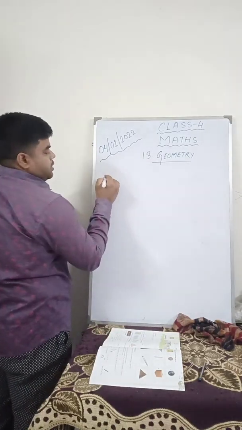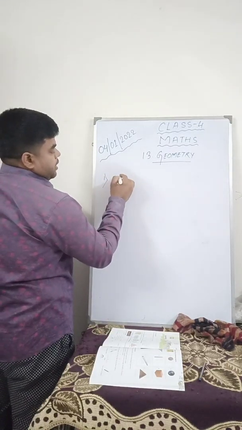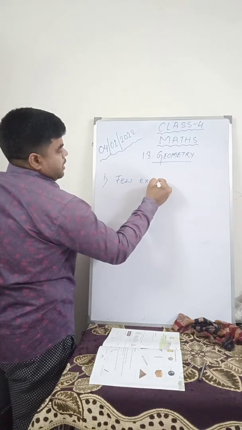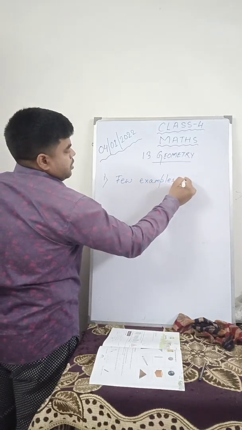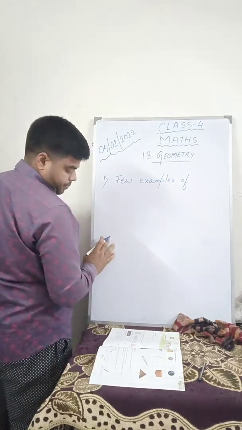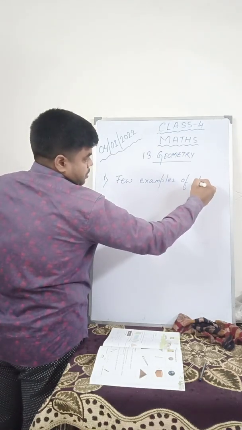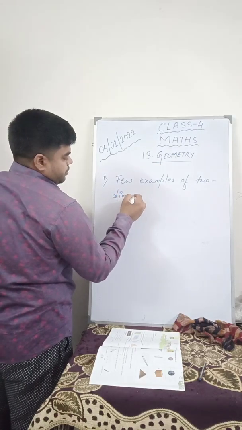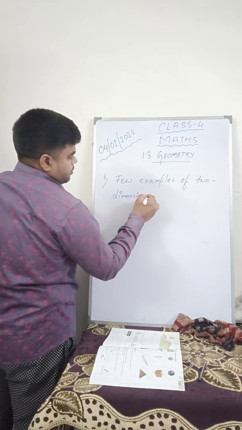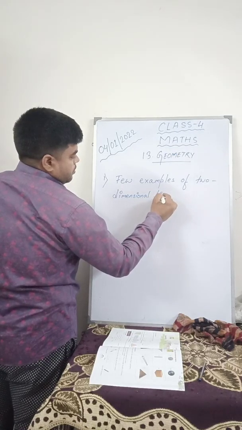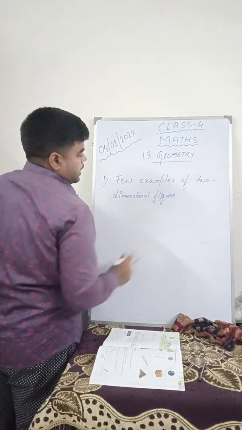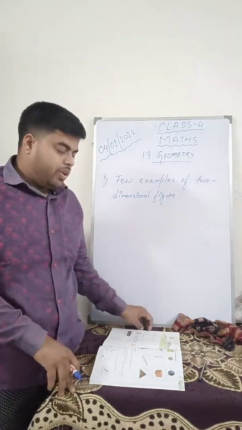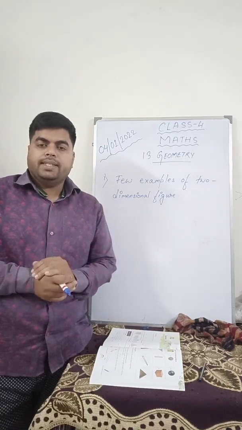So first is few examples of two-dimensional figures. Two-dimensional figures are those figures which have only two sides.